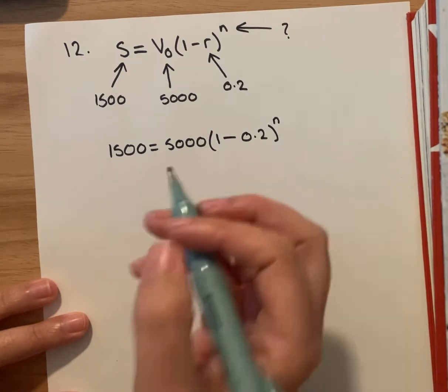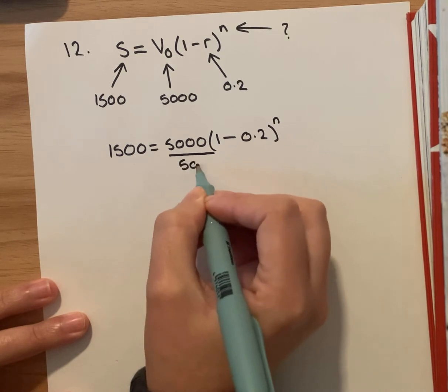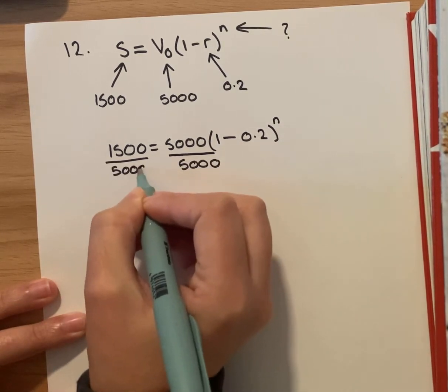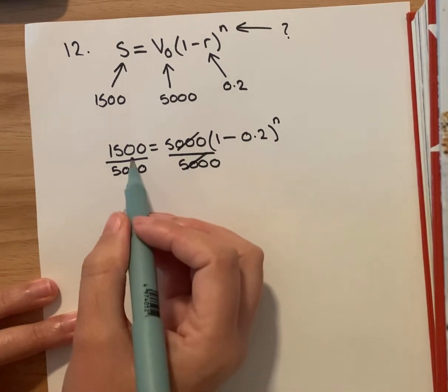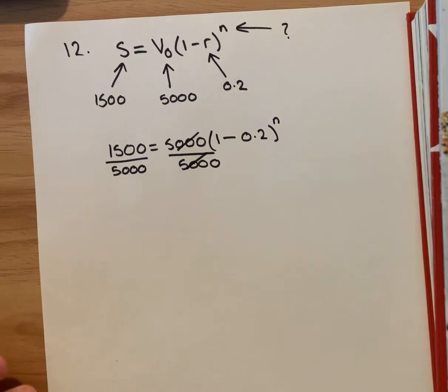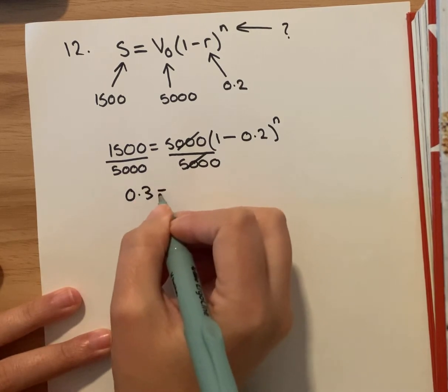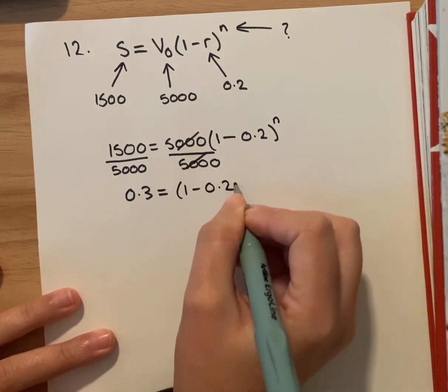We can get rid of this 5,000 by dividing both sides by 5,000. They're going to cancel out. And over here, 1,500 divided by 5,000, you can do it on your calculator, is 0.3.